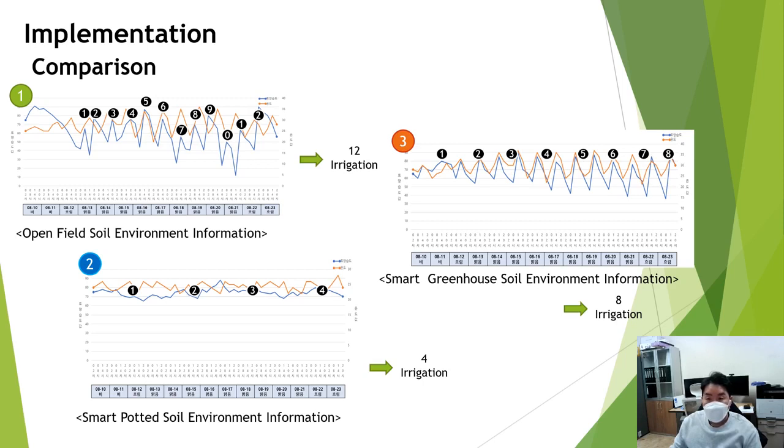As a result of comparing these 3 scenarios, precision irrigation can be used to build an optimized environment suitable for field vegetable crops, and introducing this information into the automatic irrigation system is expected to help save water.